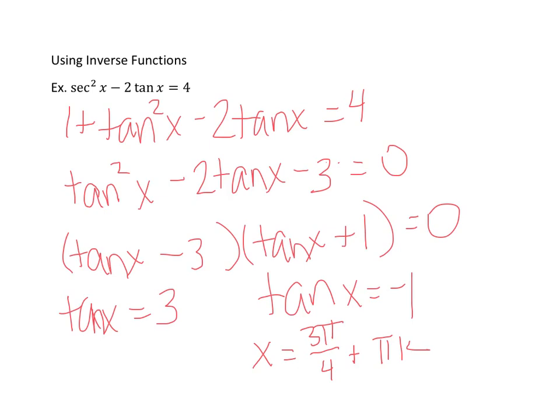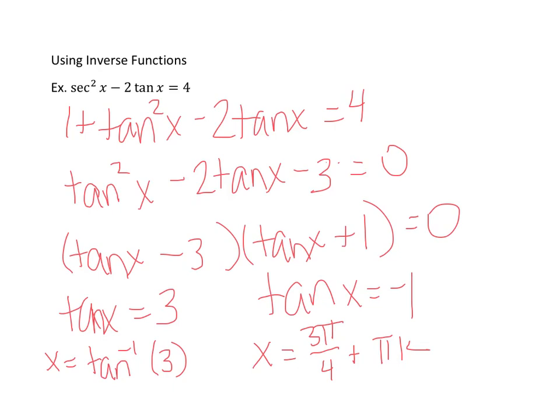Tangent x equals 3 is going to be not a normal angle. So we're going to have to solve that by doing x equals tangent inverse of 3. And tangent is going to be positive in quadrants 1 and 3.